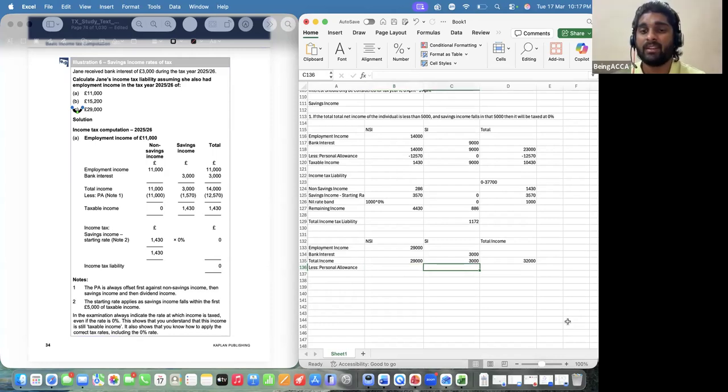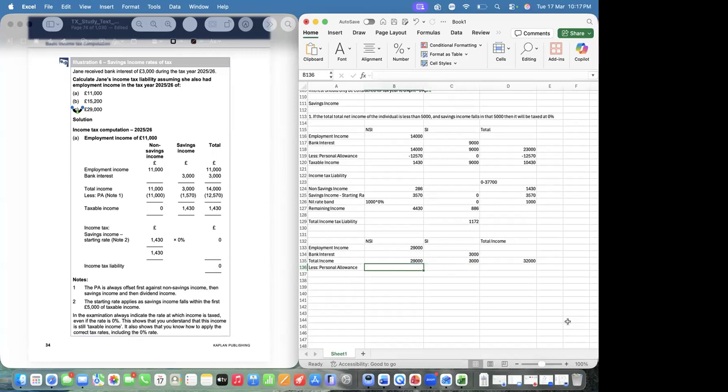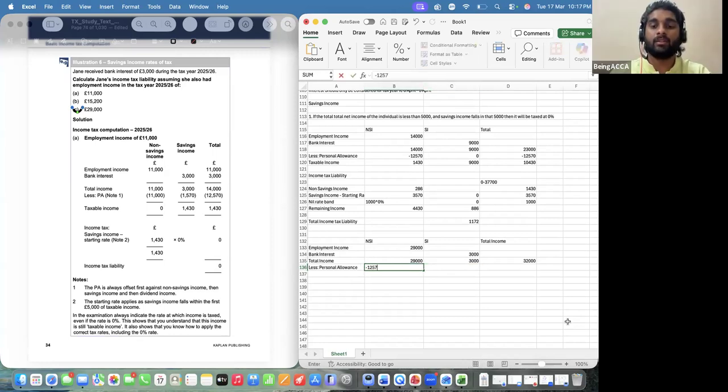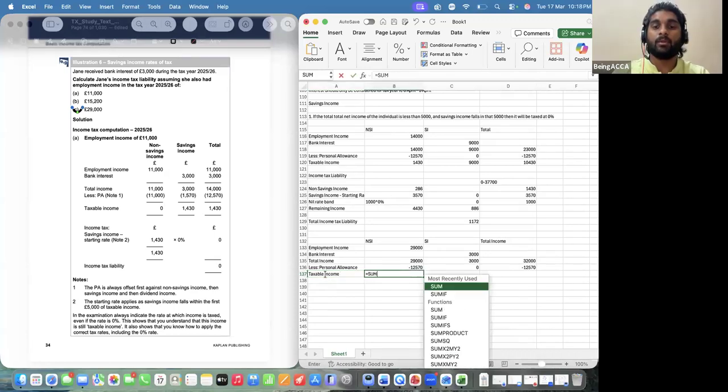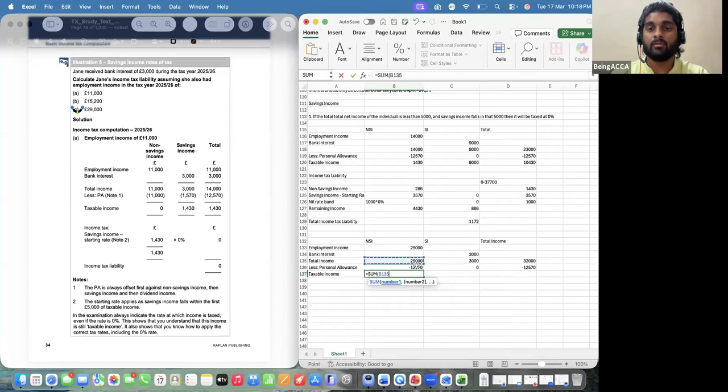Should I go for savings income first? No, sir. Non-savings income, minus 12,570. It will get 0. This I can drag down. We got our taxable income, now equal to the sum total of both of them.